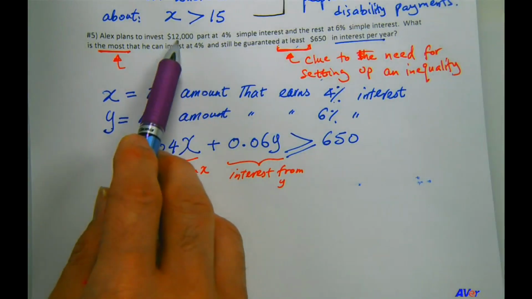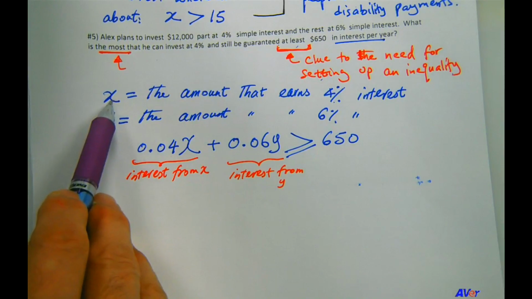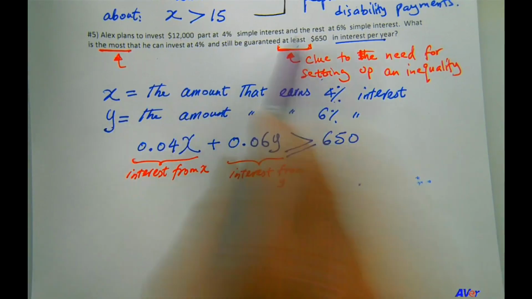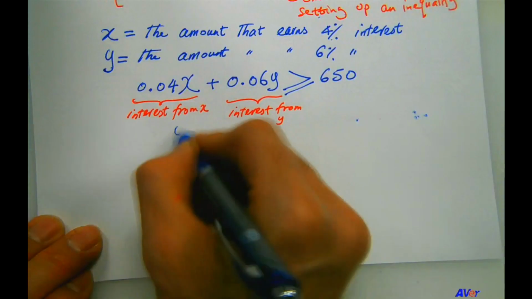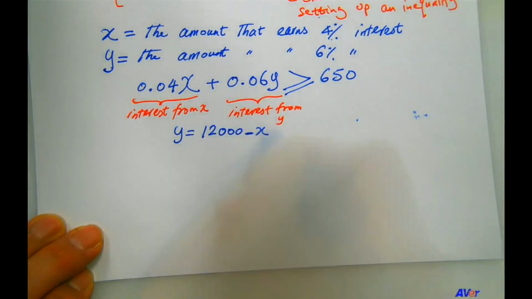It was $12,000. And we know that some of it, we took that as X, went into this account that earns 4%, and the rest of it went into 6%. Therefore, we know that Y, the account Y, must be 12,000 minus X, right?